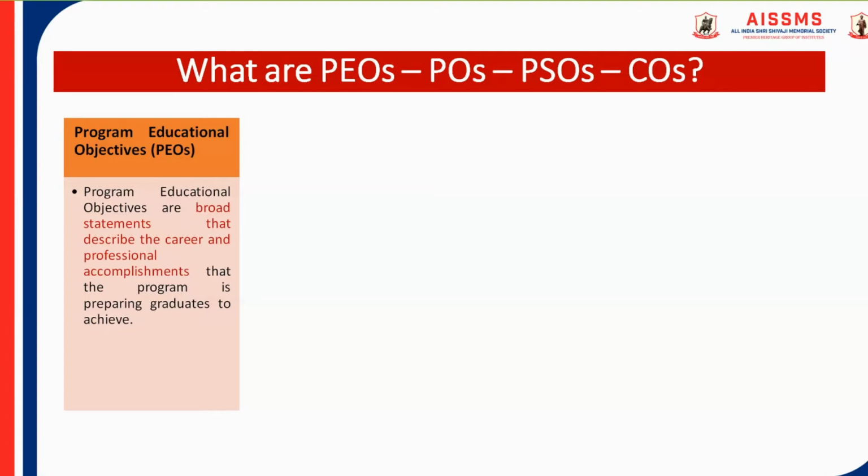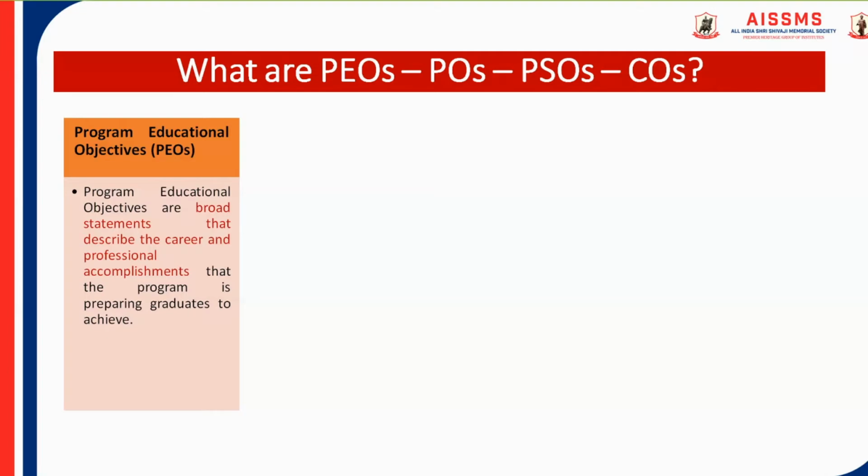The program educational objectives are broad statements that describe the career and professional accomplishments that the program is preparing graduates to achieve. These are very broad statements. What we can say is that these are like your objectives, or your short-term or long-term goals.